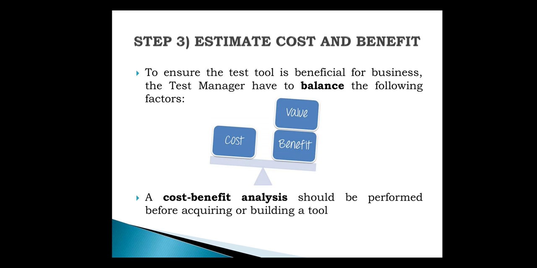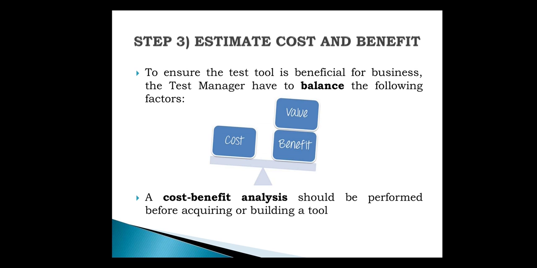Next is estimate the cost and benefit. You need to estimate the cost and benefit for that particular tool. Okay, to ensure the test tool is beneficial for business, the test manager has to balance the following factors. So which factors you need to balance? First is cost, and second is the valuation and the benefit of that particular tool.